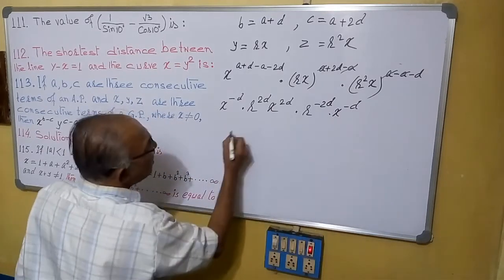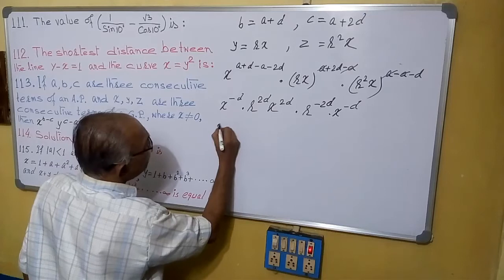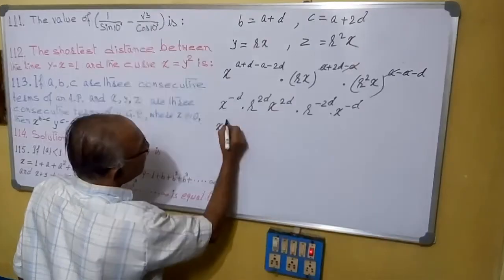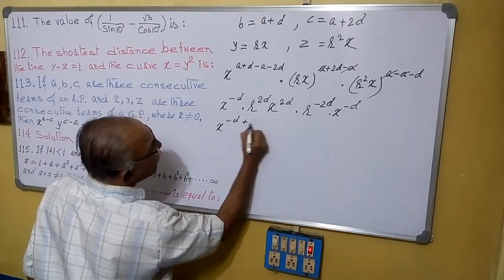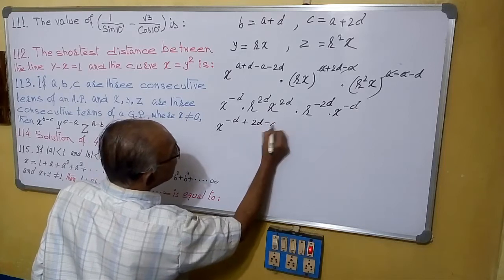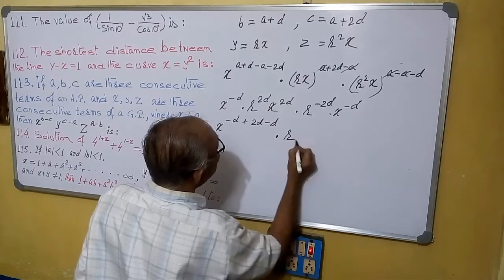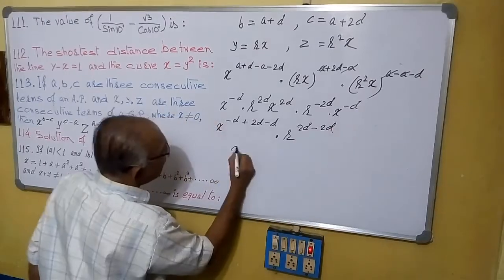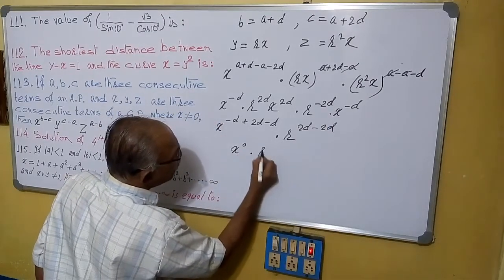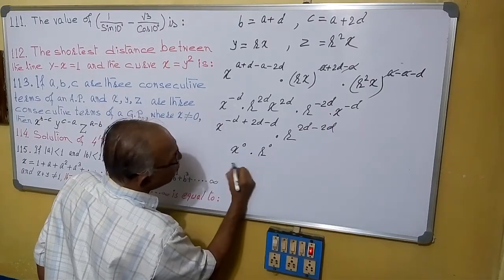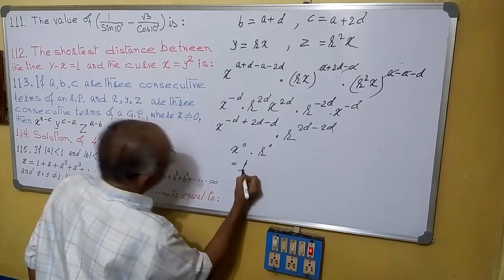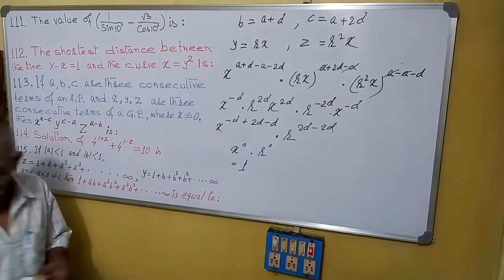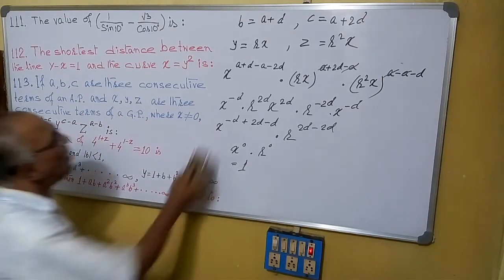So finally x to the power minus d plus 2d minus d into r to the power 2d minus 2d. That is x to the power 0 into r to the power 0 equals 1. So in this way the value of this one is coming 1.